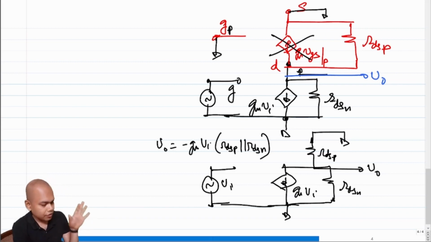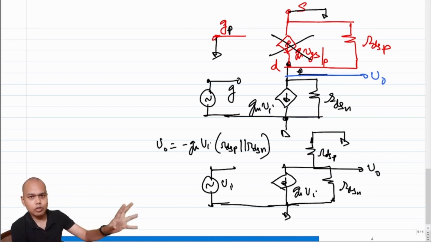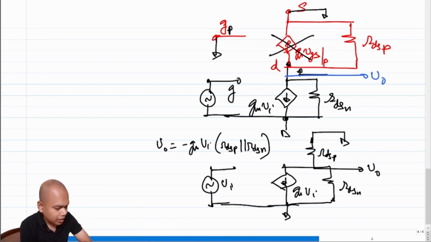Okay, so this is as far as the incremental picture was concerned, but we also need to ensure that the incremental picture of the MOSFET is replaced by the actual symbol of the MOSFET including biases. So that's the next thing that we should concentrate on.